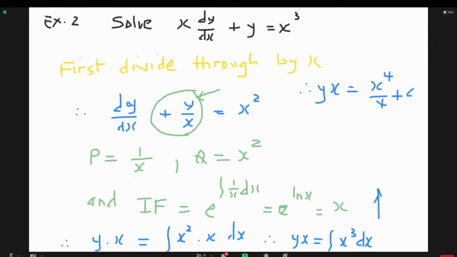And therefore, y is equal to x cubed on 4, because this x going to the other side, when we divide, will cancel with one of these here, plus c over x. That must be left as is.